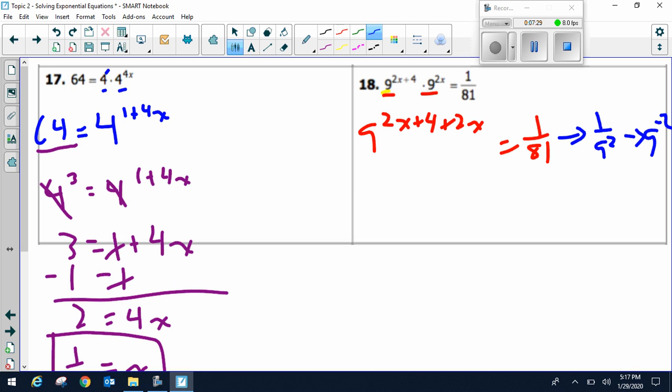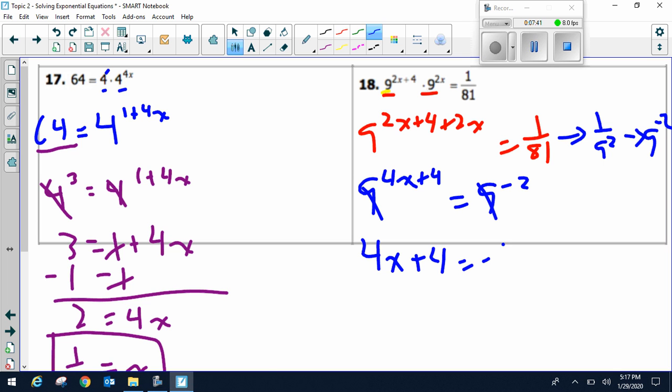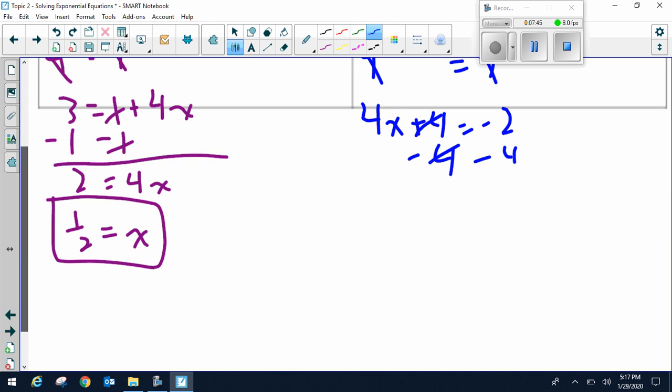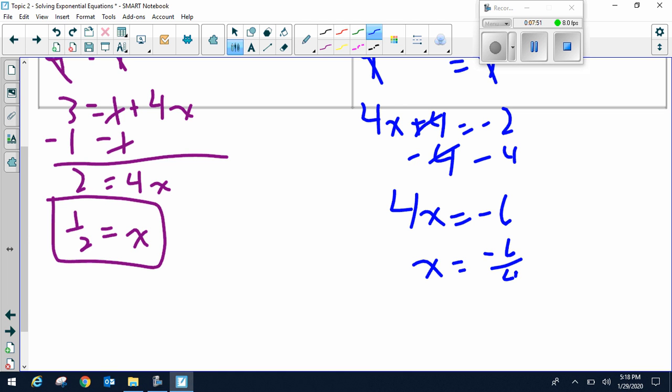So really what you're saying is you have 9 to the 4x plus 4 equals 9 to the negative 2. So now that they have the common base, drop it. So 4x plus 4 equals negative 2. Subtract the 4 over. So you get 4x equals negative 6. So x equals negative 6 over 4, which reduces to negative 3 over 2.